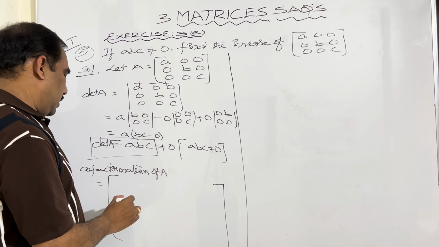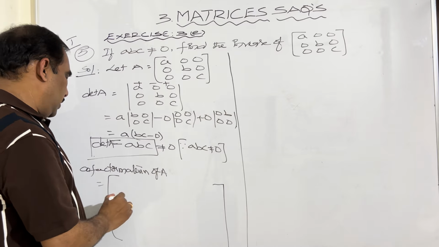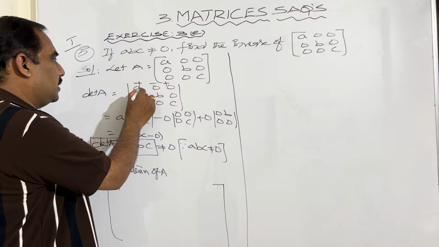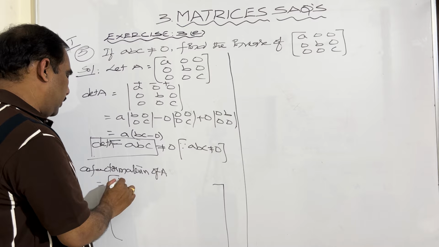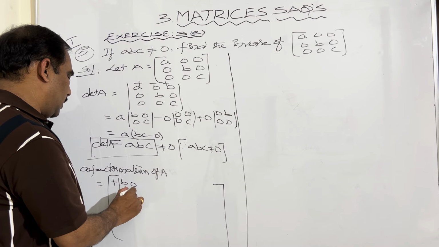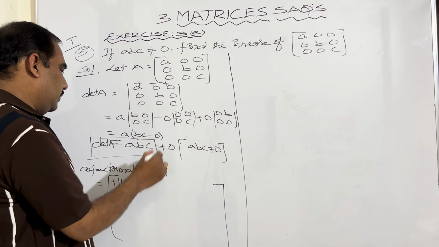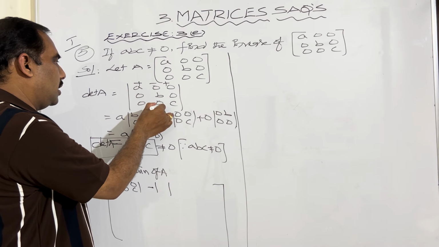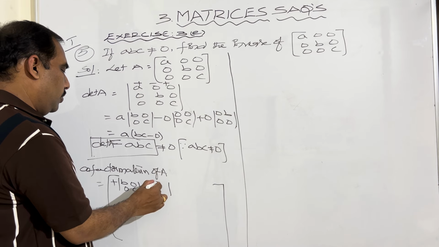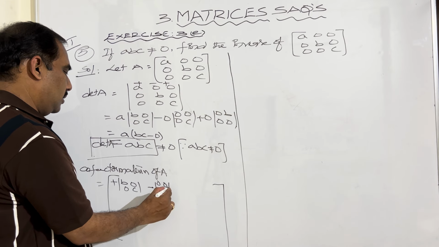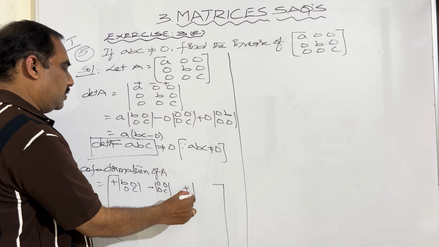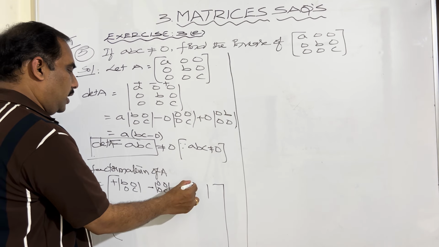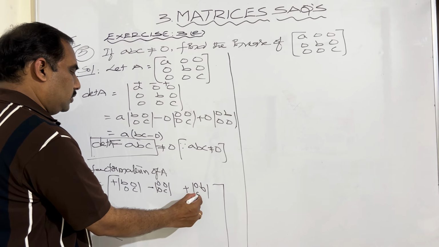The first element is with plus, the determinant after deleting A's row and column, we get B 0, 0 C. Next with minus, deleting the row and column of 0, we get 0 0, 0 C. Again with plus, deleting the row and column, we get 0 B, 0 0.